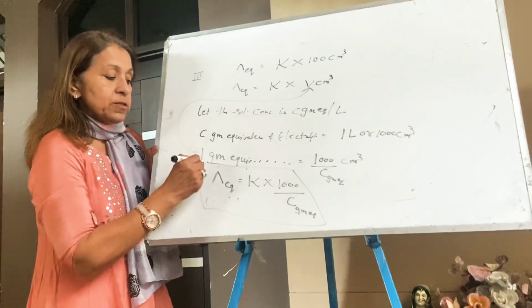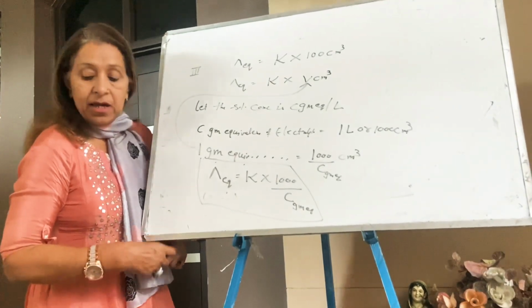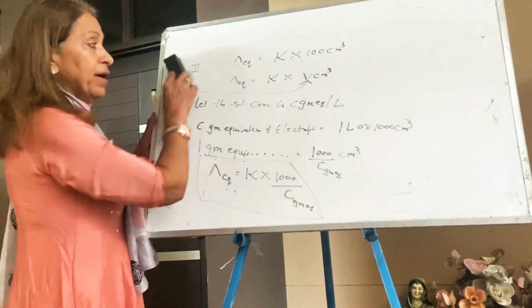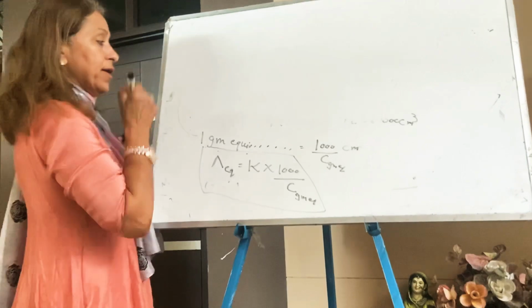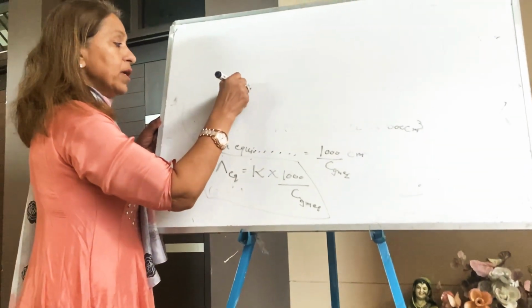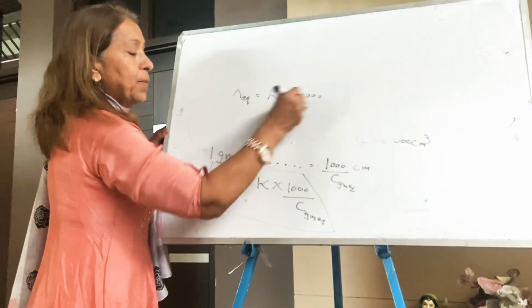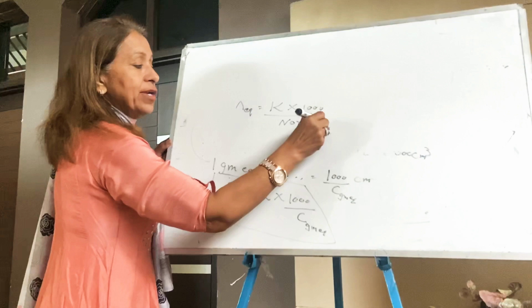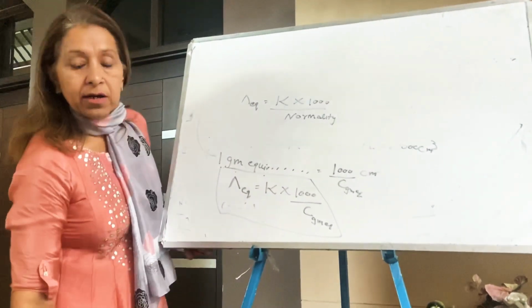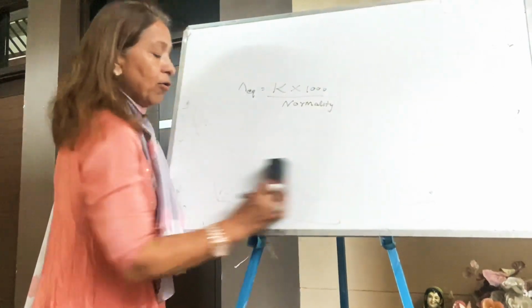Equivalent conductance is equal to K into 1000 divided by C gram equivalent. I'm making it simpler. Equivalent conductance is equal to K into 1000 by normality. You write normality: equivalent conductance is equal to K into 1000 by normality.